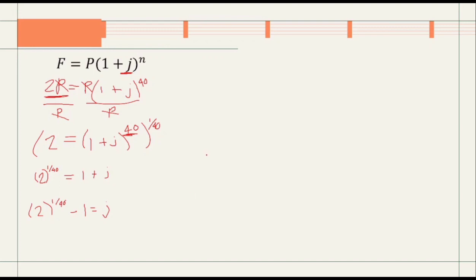The answer will be j is equal to 0.0175, or equivalent to 1.75%.